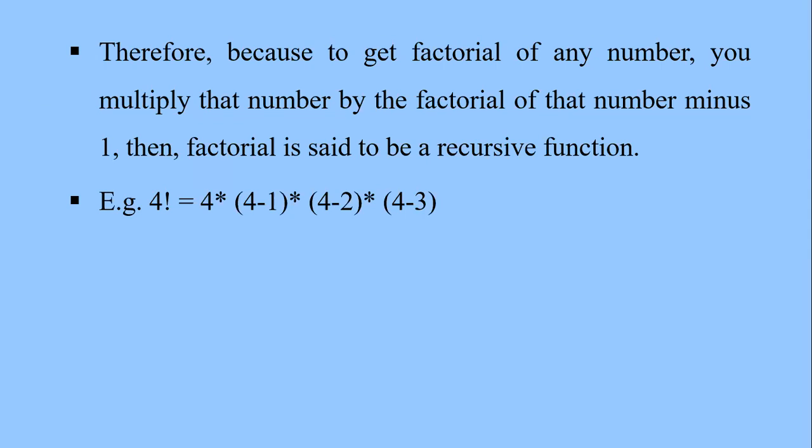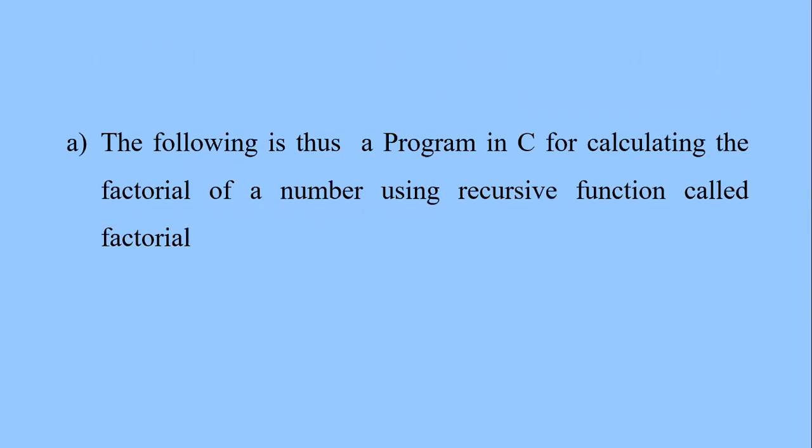But what is 2 factorial? 2 factorial is the same as saying 2 times 1 factorial. And therefore, 4 factorial is simply 4 times 3 times 2 times 1, giving 24. So that's what factorial is all about. So how do we implement that in C?